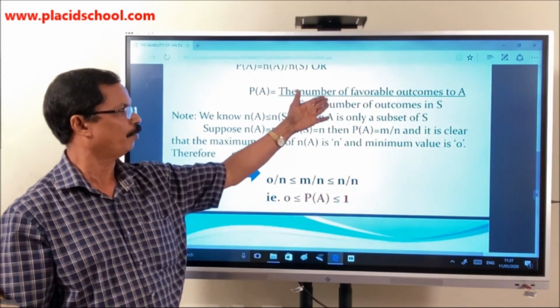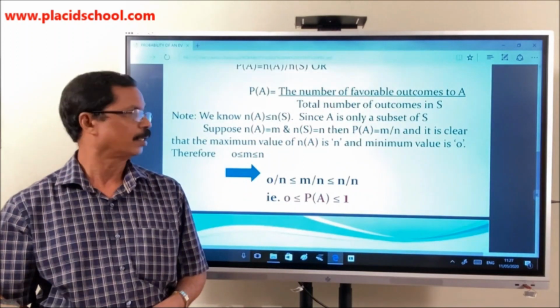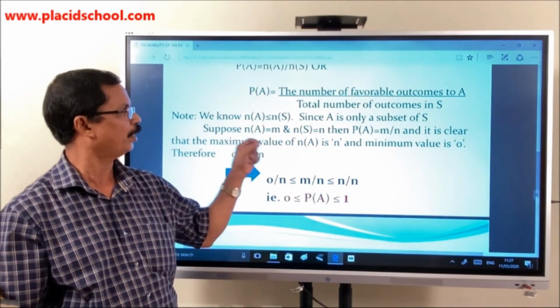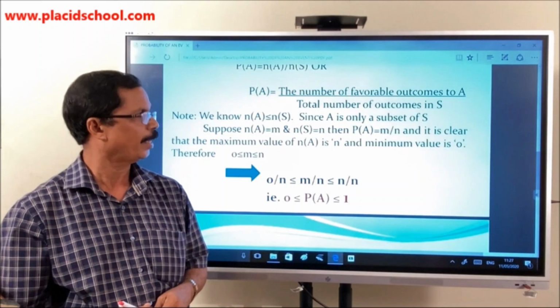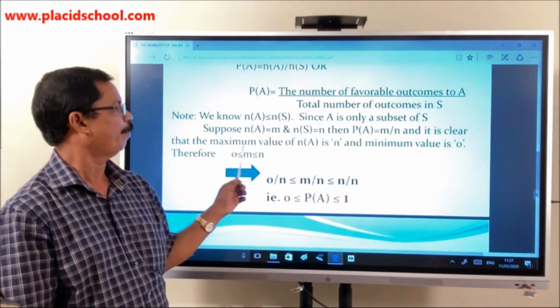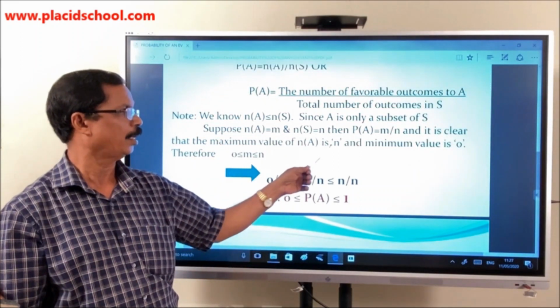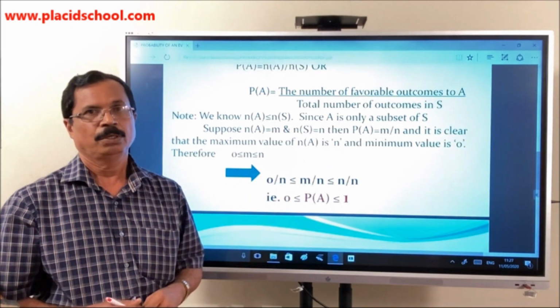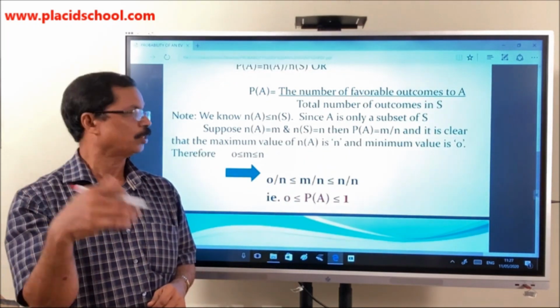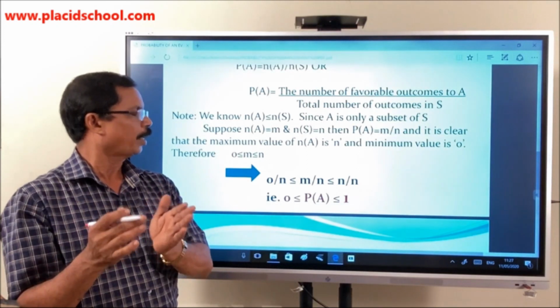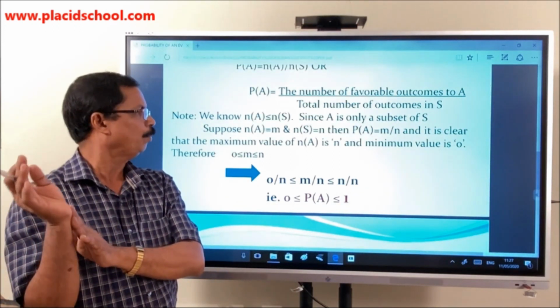P of A will be M divided by N, that is the number of elements of A divided by number of elements in S. And it is clear that the maximum value of N of A is N and minimum value is 0. Because S is a superset of A, A can go to maximum value N.